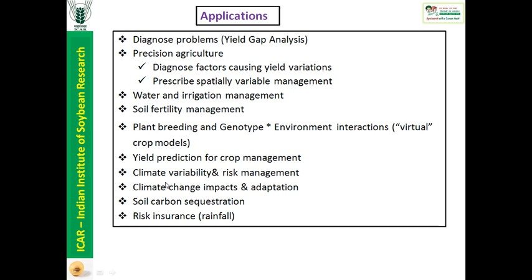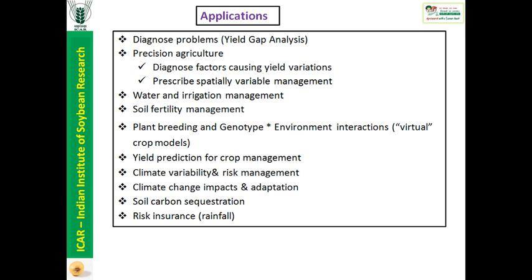And it has a significant role in climate variability and risk management, and also in climate change and its impact studies. It also helps with carbon sequestration in long-term studies, and the nitrogen balance in different crops and cropping systems in long-term studies. It also helps with risk insurance, that is, impact analysis of rainfall, both drought as well as flood, on crop yield.